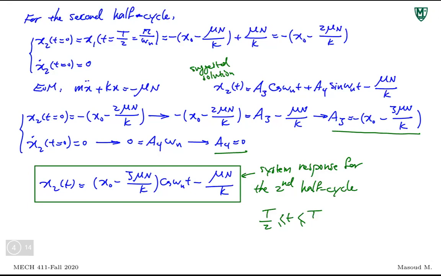The second half starts from this end, velocity is positive, and goes all the way to the other end. Now we can continue this, obviously, right? And the third half, fourth half cycle, that's how they solve this analytically. You just keep going.